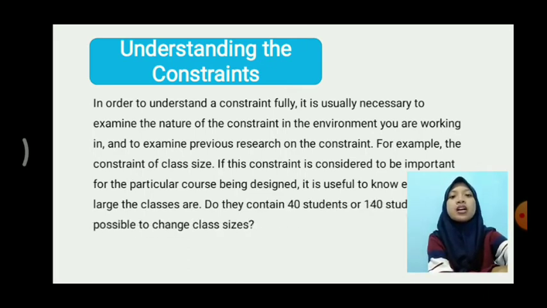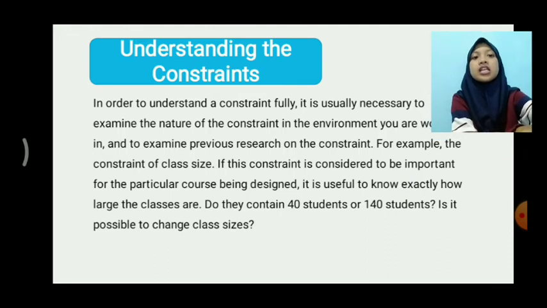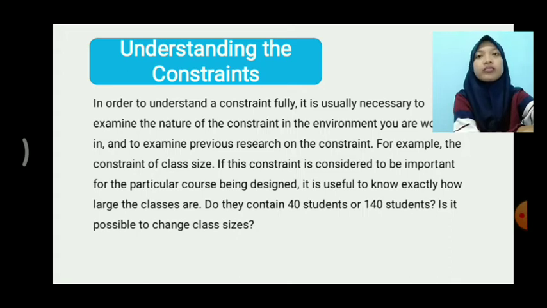For example, the constraint of class size. If this constraint is considered to be important for the particular course being designed, it is useful to know exactly how large the classes are. Do they contain 40 students or 140 students? It is possible to change class sizes. There has been considerable research on teaching large classes.